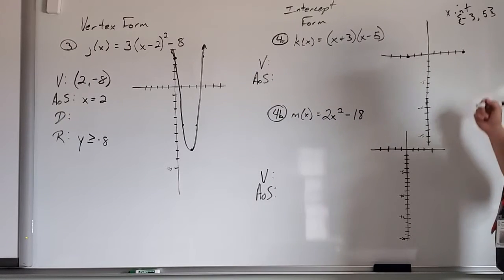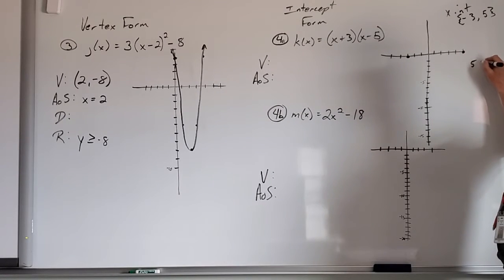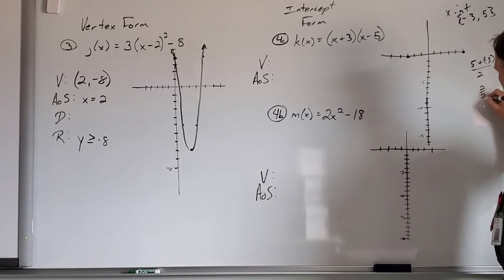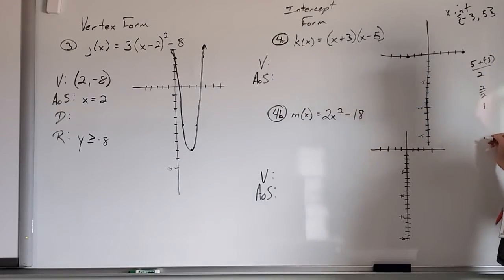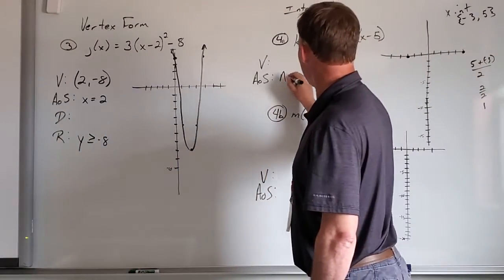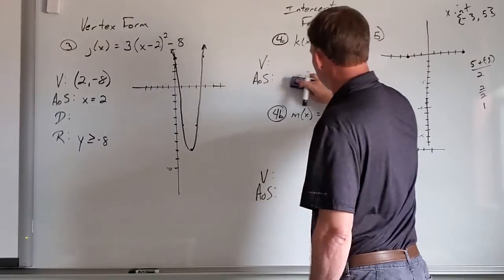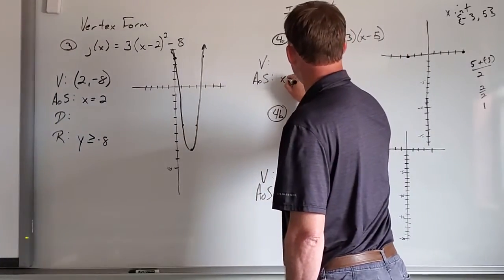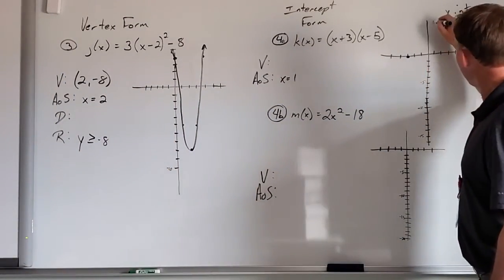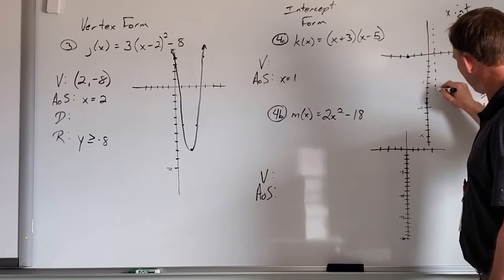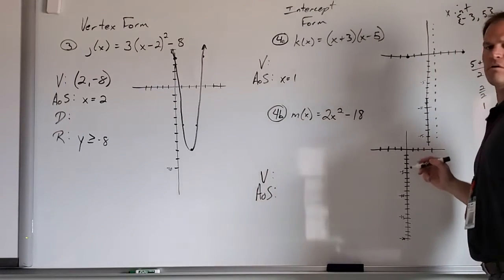So I can add them up and divide by 2. 5 plus -3 divided by 2. 5 plus -3 is 2. 2 over 2 is 1. So I know my axis of symmetry is 1. Right here is the middle of my curve.